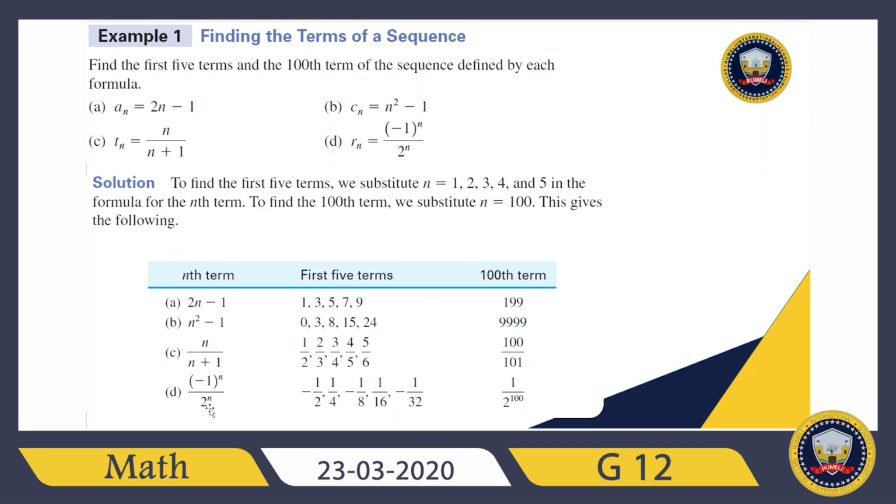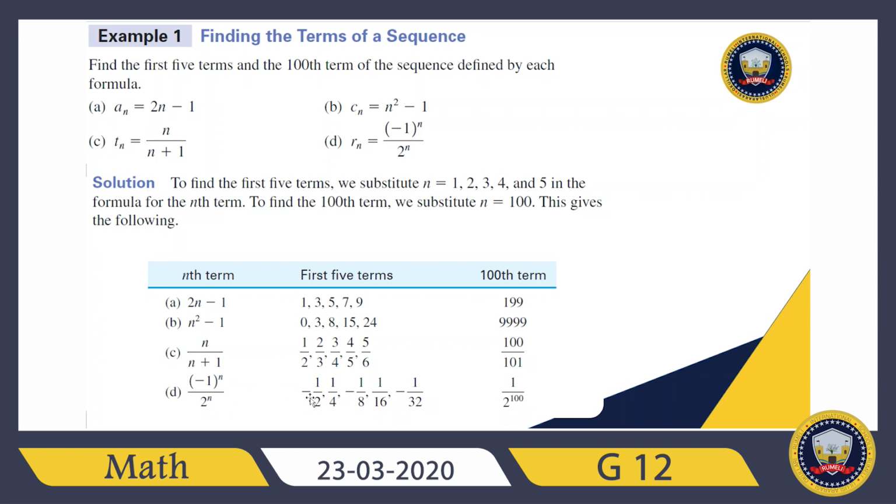Look at this sequence in this case: negative 1 to the power n over 2 to the power n. If n equals 1, this would lead to negative 1 to the power 1, negative 1 over 2, which is negative half. While the second one would be positive because n is 2, and so on.